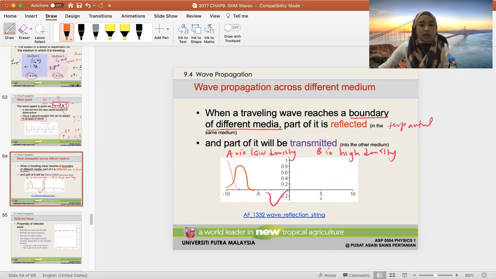This is when my A is low density and my B is high density. For example, this is air and this is the wall. I transmit a wave, what is reflected? It is inverted, inversely reflected.